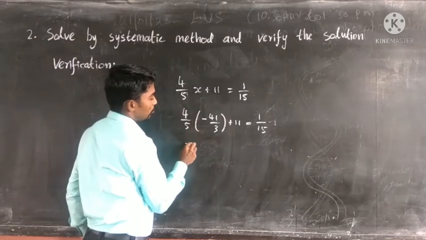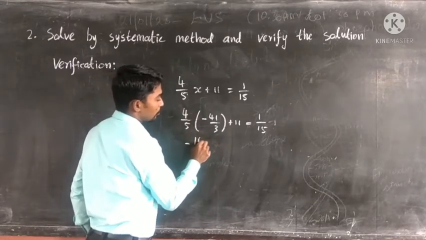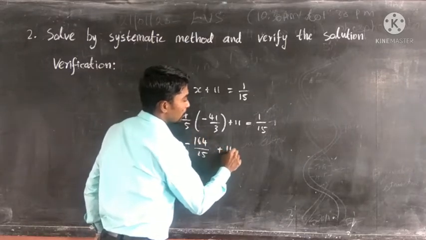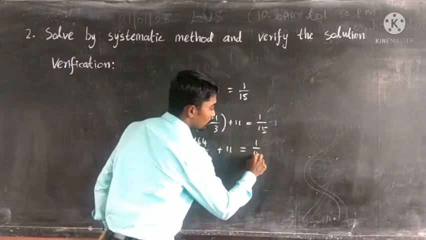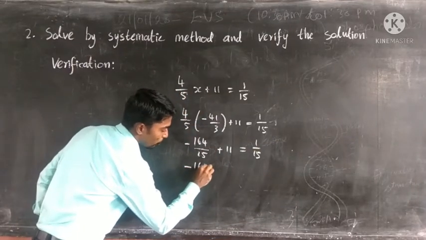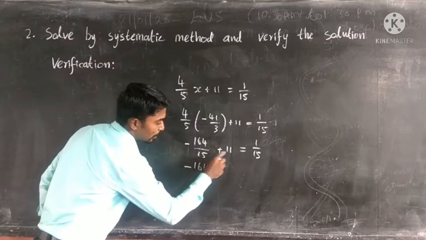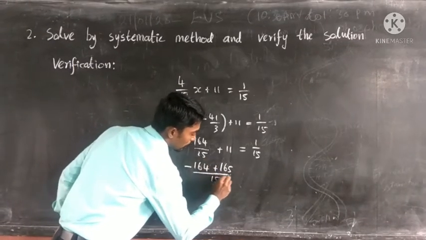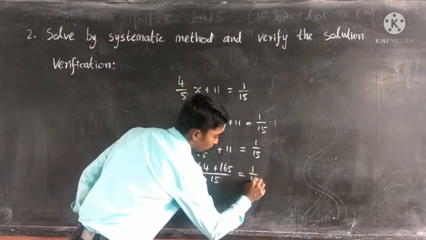Simplify, minus 164 by 5 3s are 15 plus 11 is equal to 1 by 15. Simplify, will be minus 164 plus 15 11s are 165 whole divided by 15 is equal to 1 by 15.